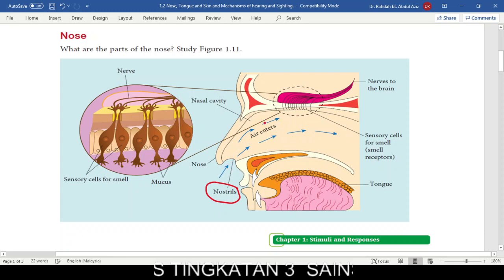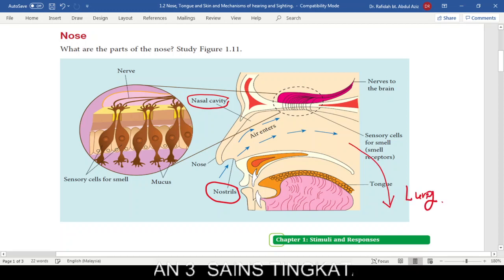This is the space inside the nose, and we call it the nasal cavity. From here, the air will go through the nasal cavity and into the lung. So this is how air enters our lung.